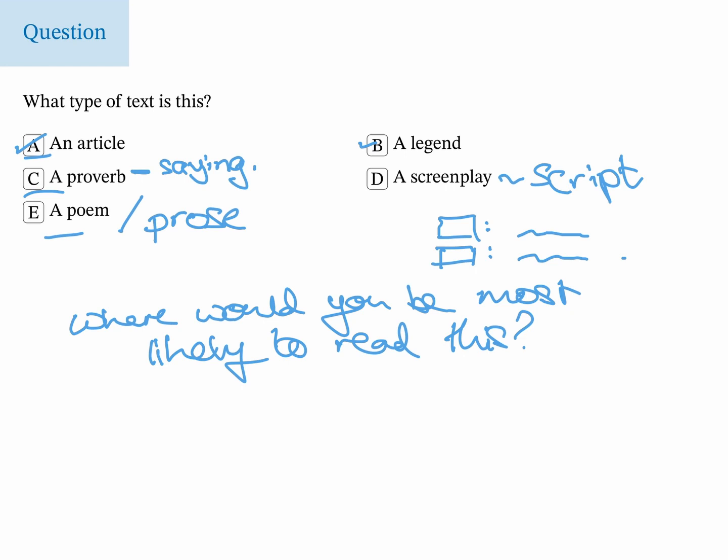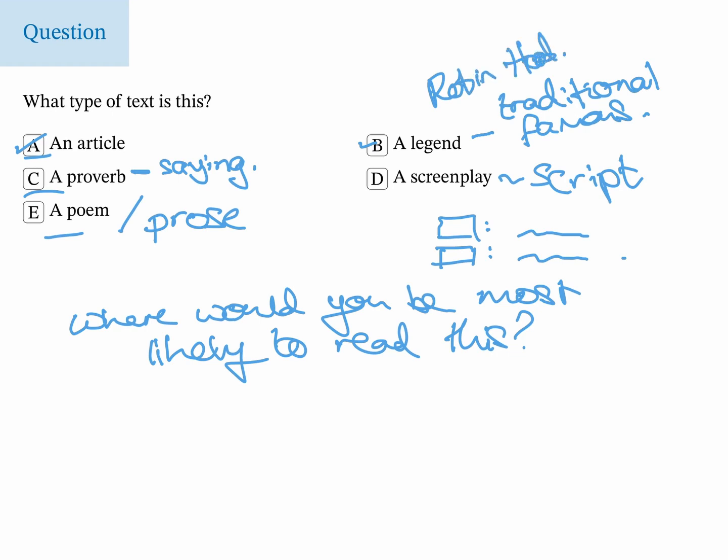Okay, we have an article, we have a legend. Now, what are each of these? A legend is a traditional story, usually with famous historical characters. If you think, for example, of Robin Hood, this is a legend, or Merlin and King Arthur, these are legends. They are traditional stories with famous characters. And what about an article?